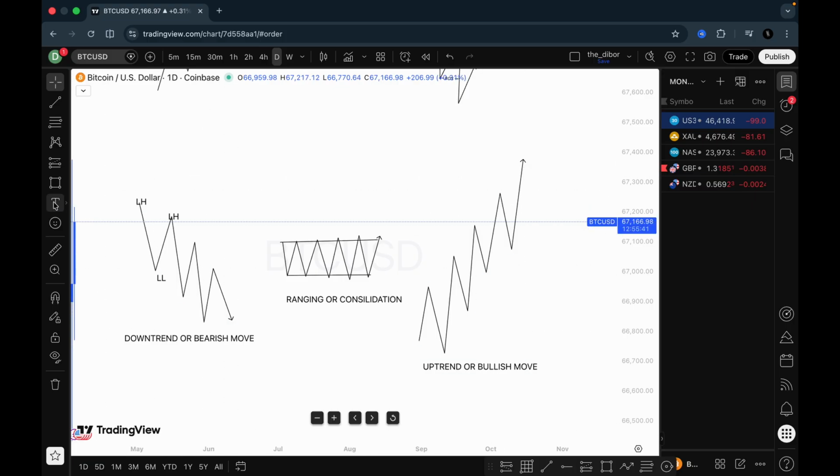This is a higher low, and this is a higher high. Do you understand? Whenever you see a series of higher lows and higher highs, it is giving you a bullish movement, or an uptrend.